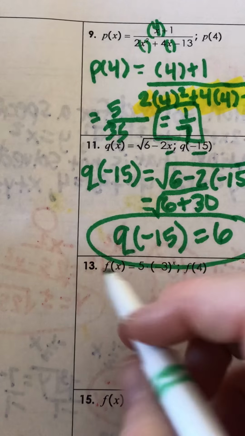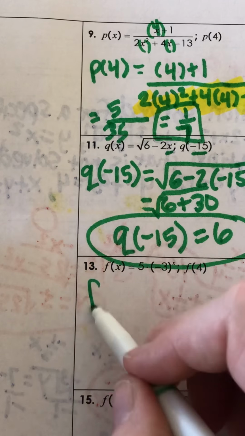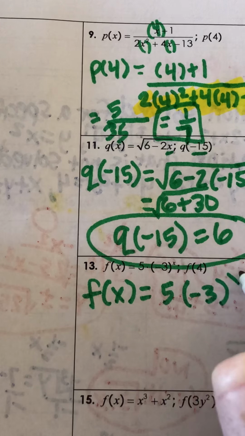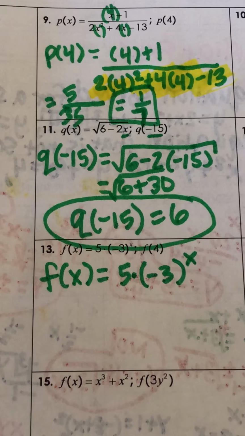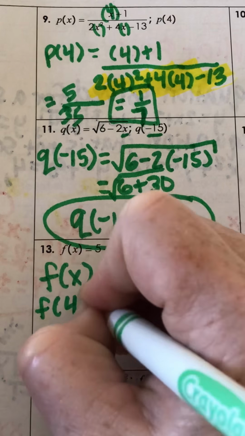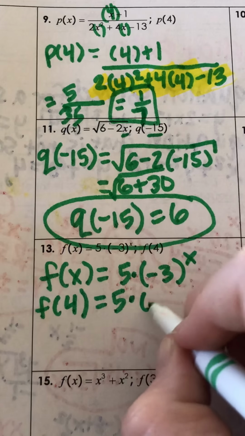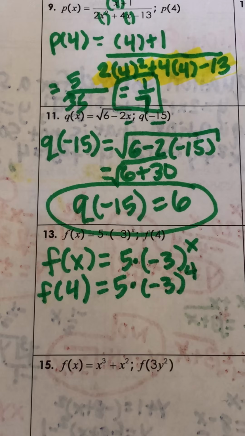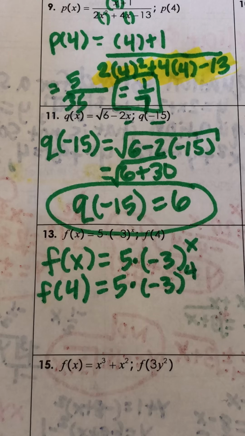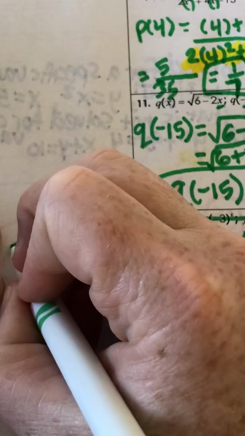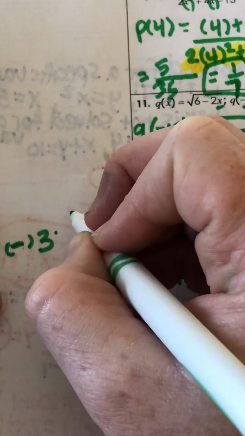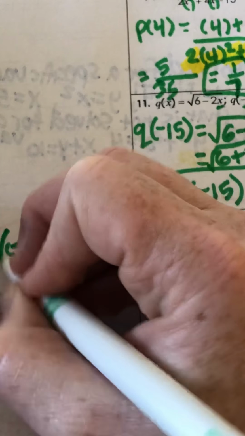All right, let's do 13. F of 4, when you're given the function f, I'll just write it again. I'm going to plug in 4 where I see x. When you're doing negative 3 to the 4th in your calculator, you could type the little negative sign, 3, and if you want to do it with the hat key, this needs to be in parentheses.